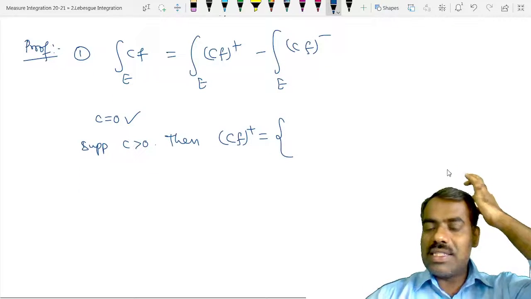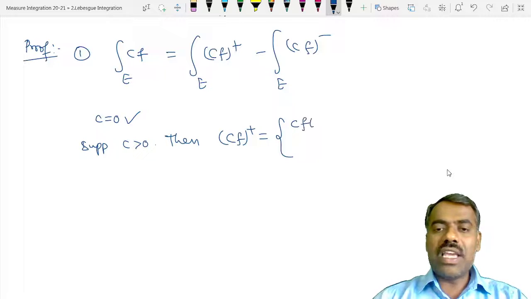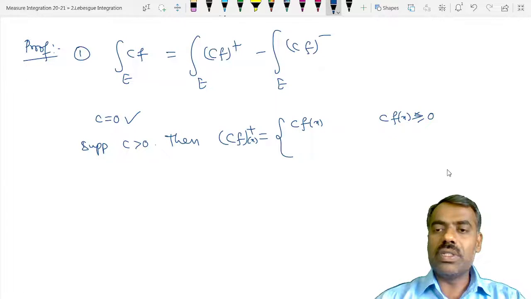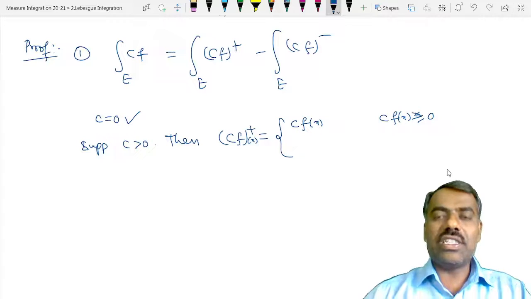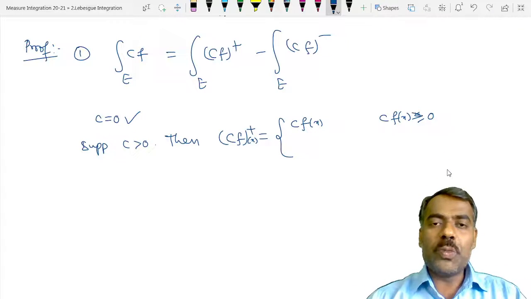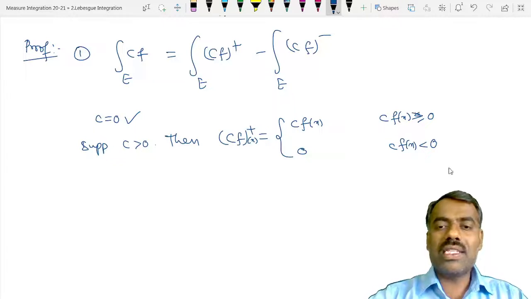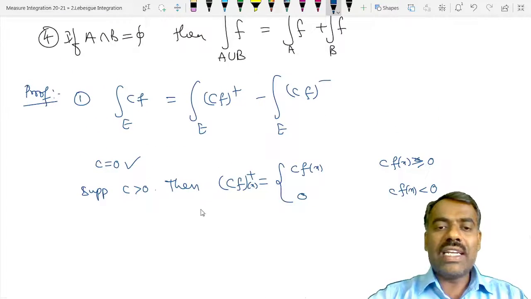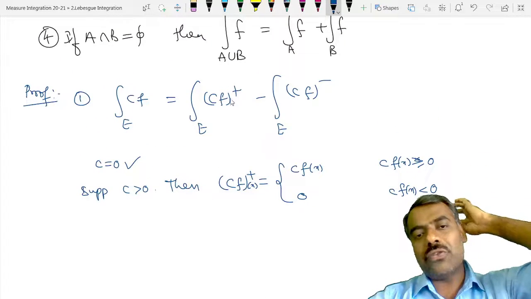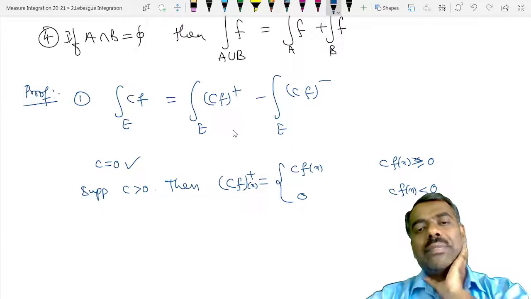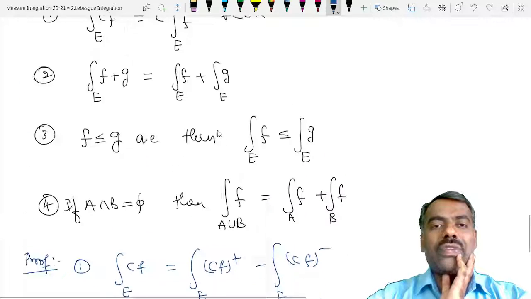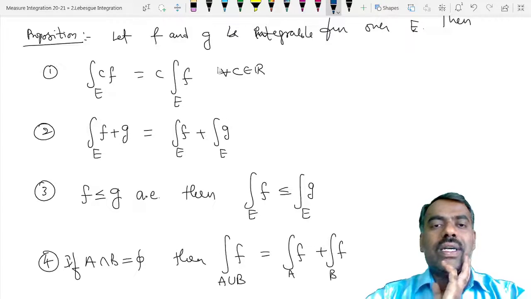This is the same as c times f of x if c times f of x is greater than or equal to 0, I am rewriting the definition of the positive part of c times f, right? And 0 if c times f of x is less than 0. Is this clear? Can you write the positive part of cf in terms of the positive part of f? Because we want to somehow write the right hand side.